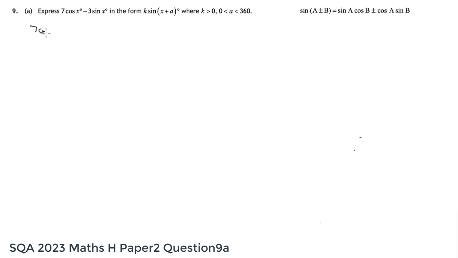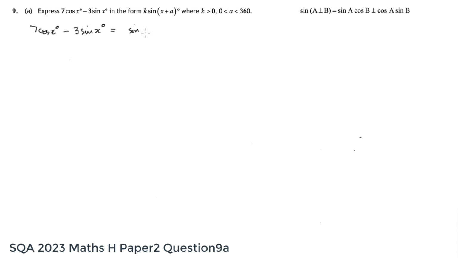We have 7 cos x minus 3 sin x, and so we're writing it like this. That'll be sin x cos a plus cos x sin a. So let's do that.